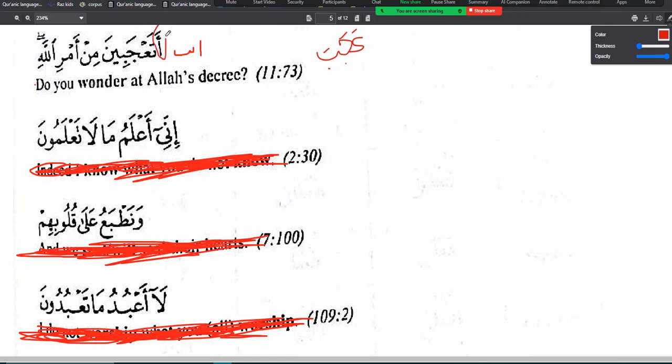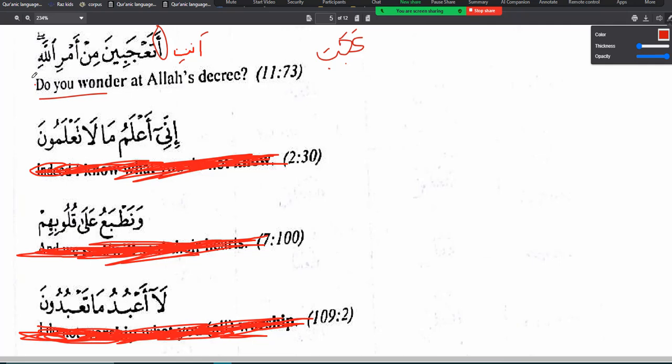Remember the question words: hal, man, liman. Do you wonder? If you look at the translation, it says do you wonder, and it is for the female, like anti, ta'jabina. It's not first person. You just said anti, right? How can it be first person? Then it should have been I wonder. So, do you wonder, for a female.